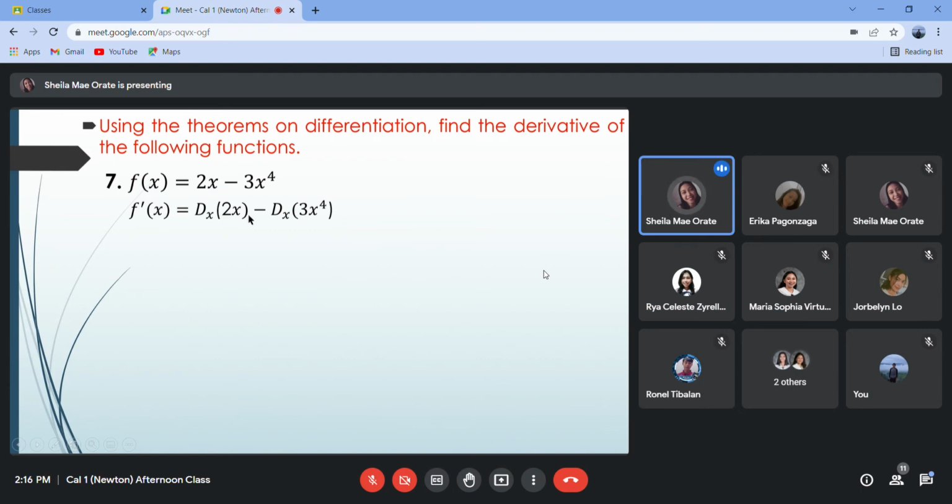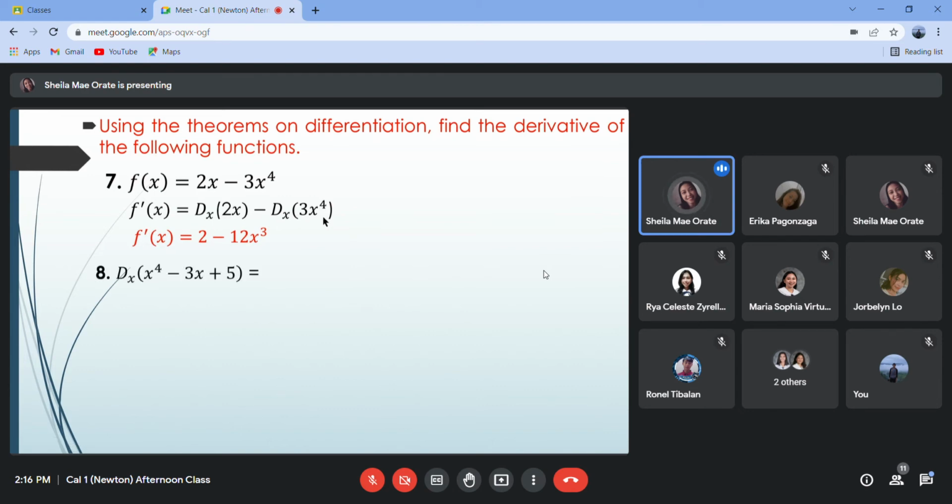The derivative of 2x, we apply the constant multiple rule, so we have 2. And then the derivative of 3x raised to the power of 4, applying the constant multiple rule or power rule, is negative 12x cubed. So all of your answers are correct. The derivative of 2x minus 3x raised to the power of 4 is 2 minus 12x cubed.